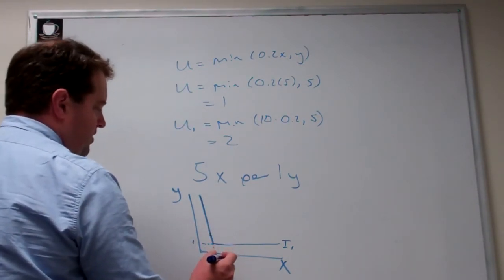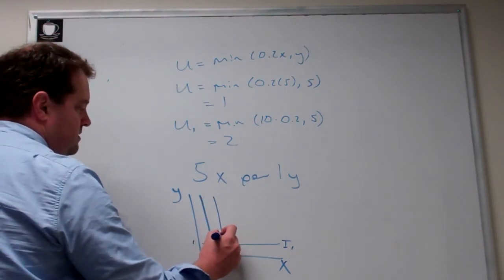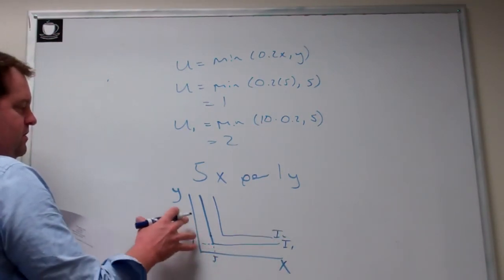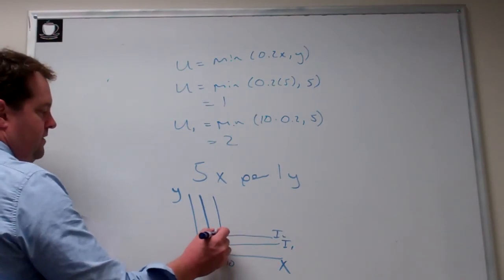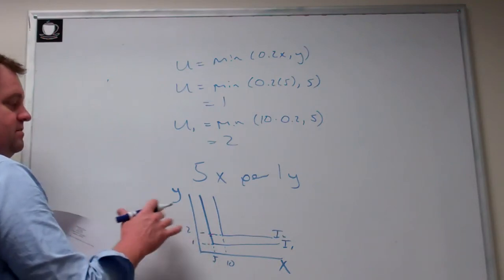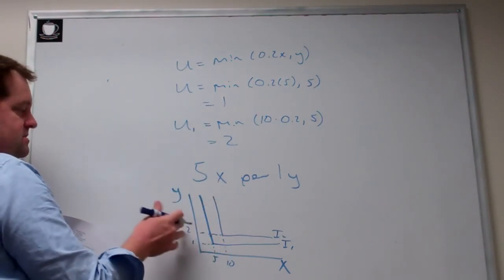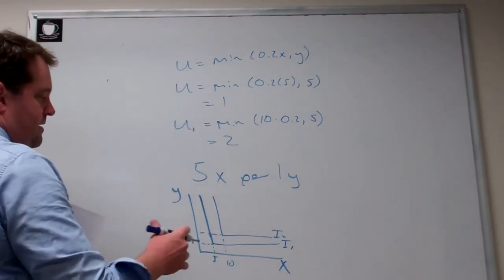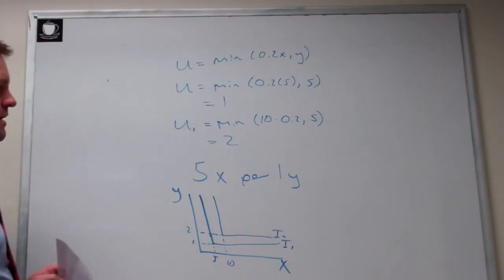Now, if I double the amount of x from where we started, I'm still not pairing 3 units of y for that consumer. The minimum amount of x and y that I need to get to utility of 2 is 10 units of x and 2 units of y. Of the 5 units of y, that means 3 units are going unpaired or unused.